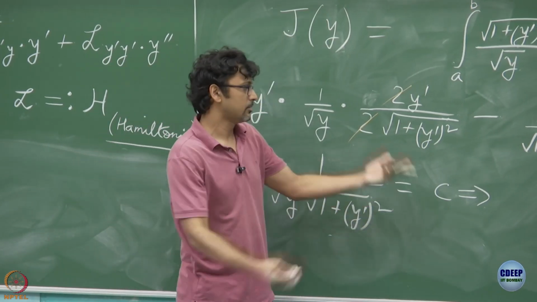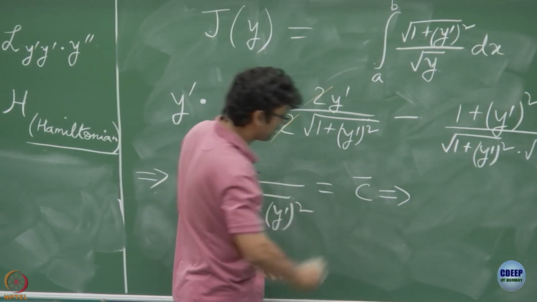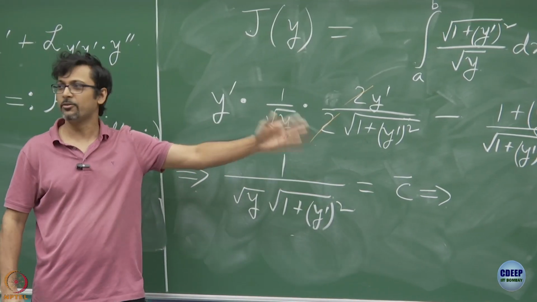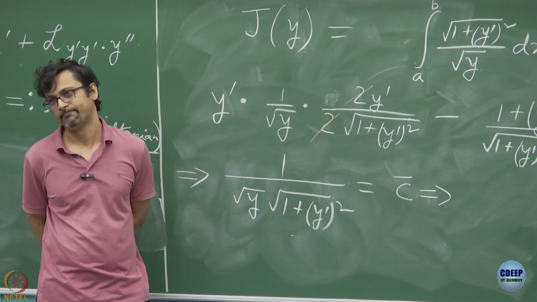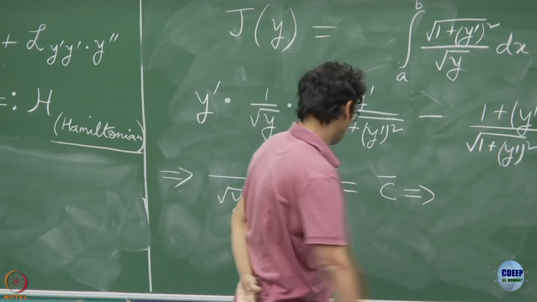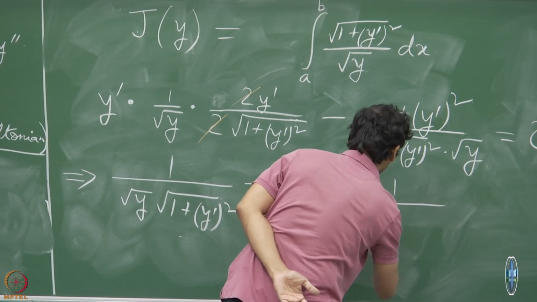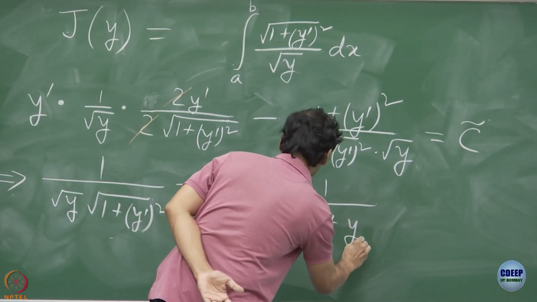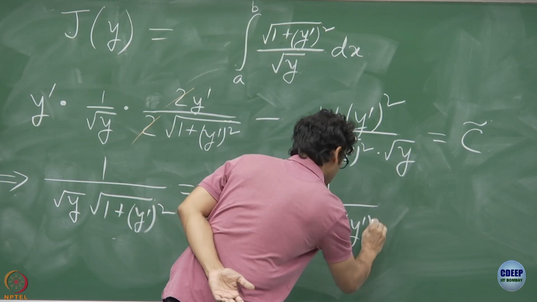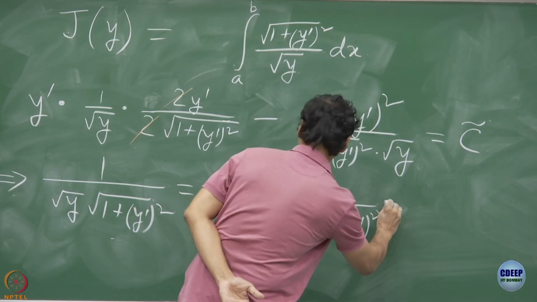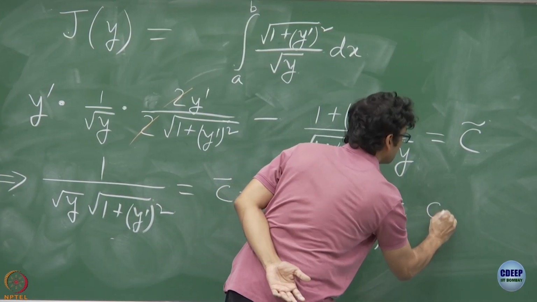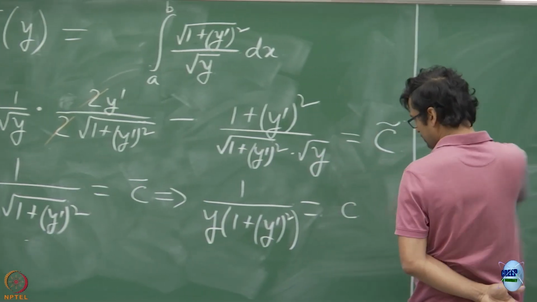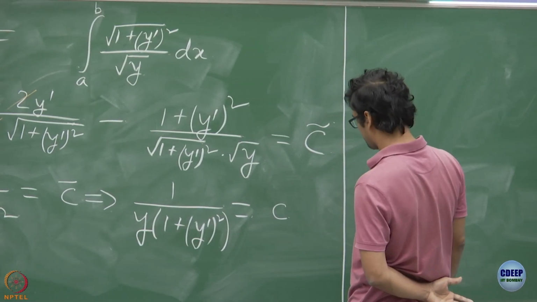And again, maybe we can call this C bar, so that in the next stage when we square this, we can just call that C, because I want to eventually land up with a C. So we have 1 over y times 1 plus y prime squared is equal to C. I should be a little careful now in the calculations.